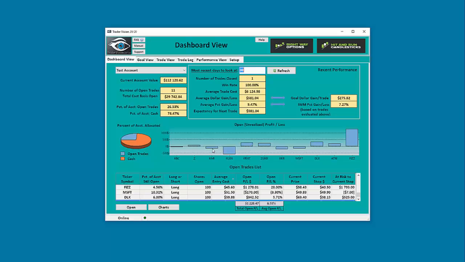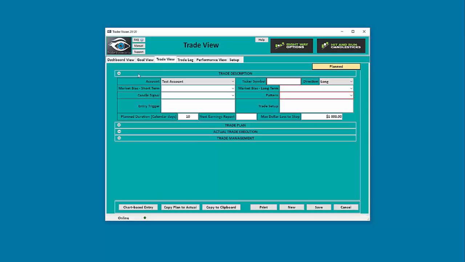In the previous videos in this series, we downloaded and installed Trader Vision. We've walked through the setup, and we've also gone through planning trading goals. Today we'll talk through planning a trade, and in particular we'll be looking at a long trade. And to do this we'll be using the TradeView form, so we'll click the TradeView.